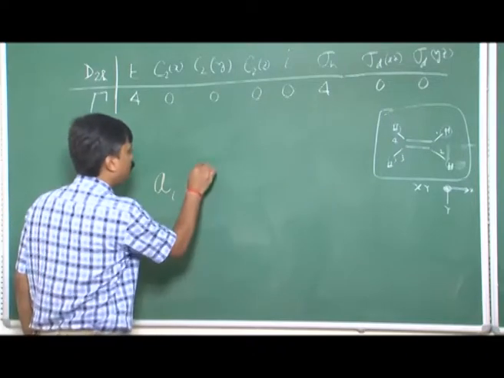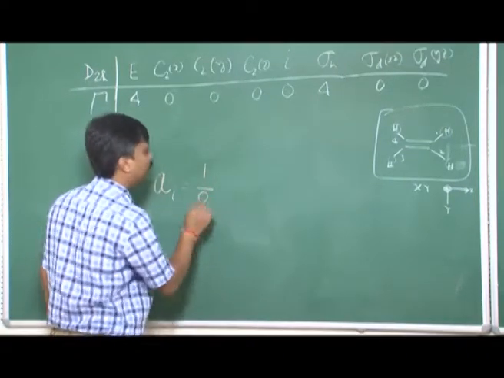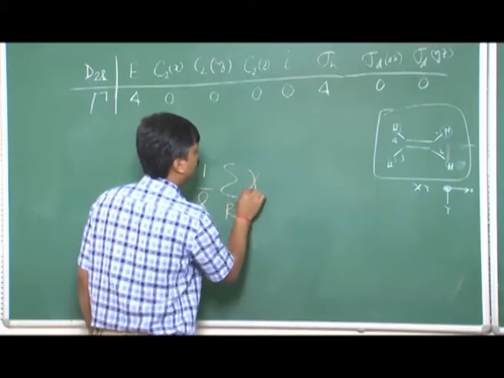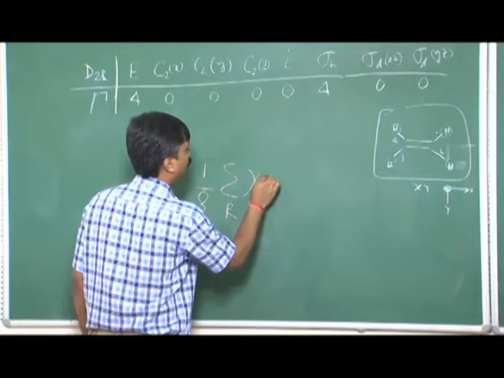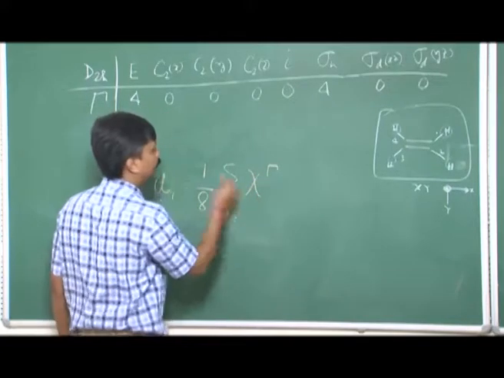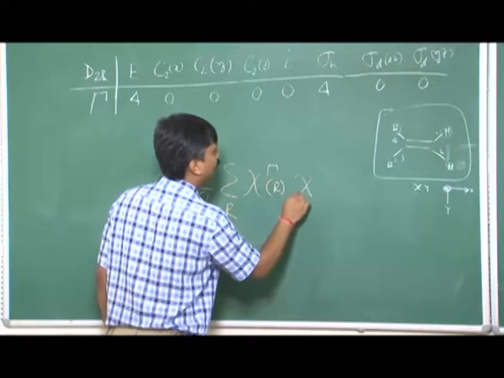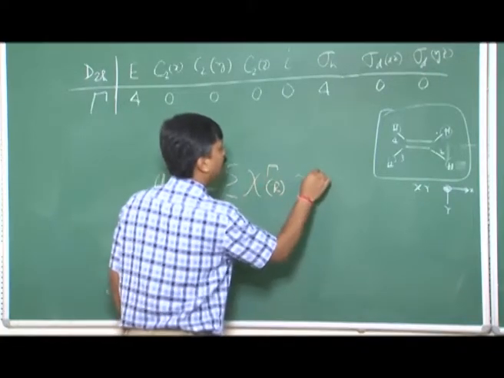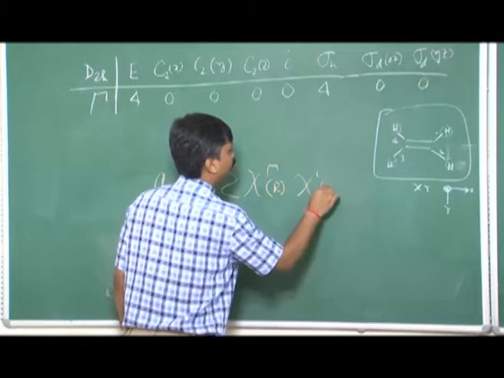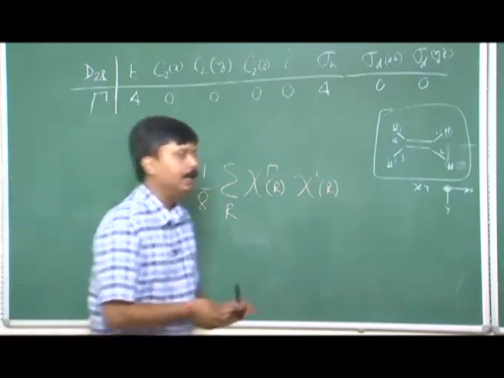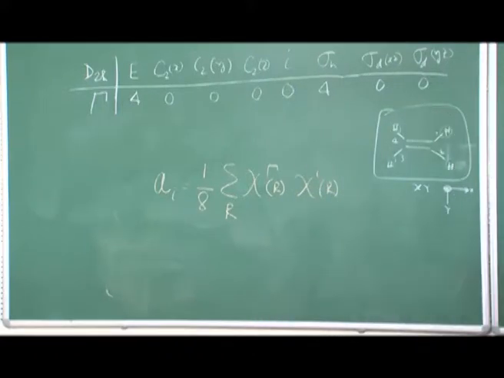So here it will be 1 by 8, sum over R, and then the chi of this gamma, which we have named as gamma, for each R, and then chi of the particular i for that particular operation. Use this formula and get the irreducible representations contained within the representation gamma that we formed.